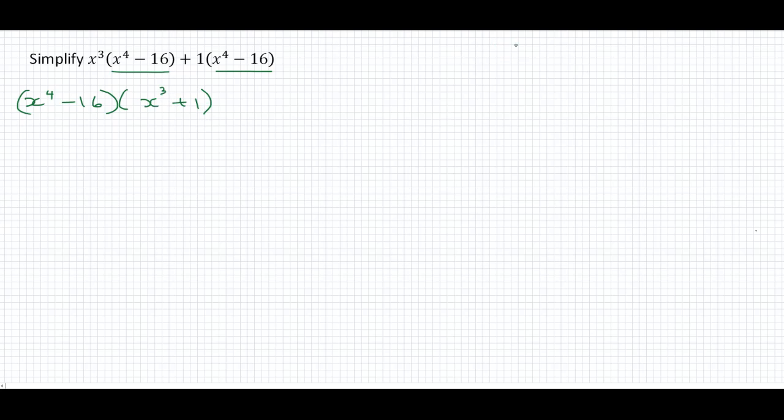A few things we want to note here. x to the power of 3 plus y to the power of 3 is (x plus y) multiplied by (x squared minus xy plus y squared). And then a squared minus b squared is (a plus b) multiplied by (a minus b).